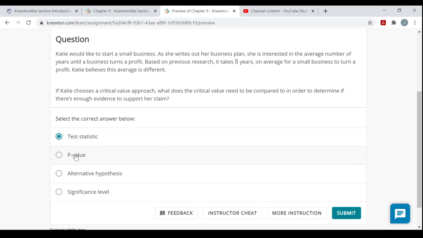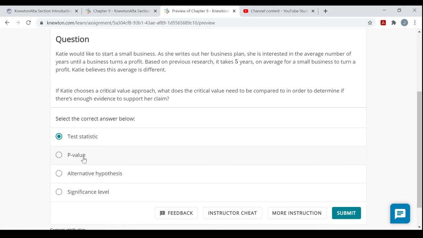Now the p-value is a totally different approach. The p-value will be compared to alpha, the significance level, in order to make your decisions, your conclusions. Hypotheses are formed from the claim, right?